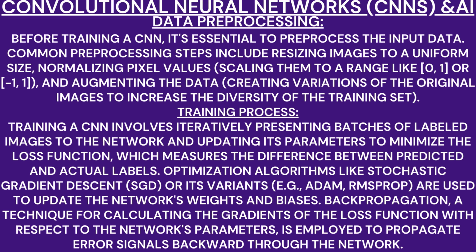Optimization algorithms like stochastic gradient descent (SGD) or its variants, that is Adam and RMSprop, are used to update the network's weights and biases. Backpropagation, a technique for calculating the gradients of the loss function with respect to the network's parameters, is employed to propagate error signals backward through the network.